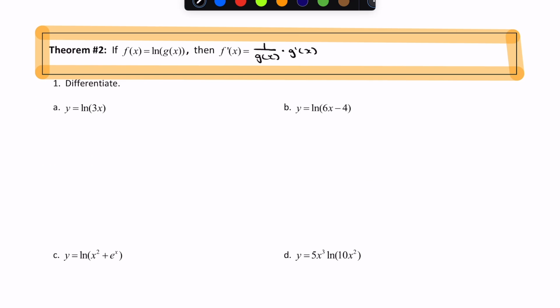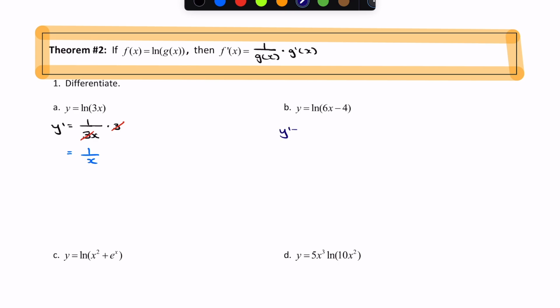Here we have y is equal to ln of 3x. So y prime is equal to 1 over 3x multiplied by the derivative of 3x, which is 3. The 3's will cancel out, so our answer is 1 over x. In b here, we have y is equal to ln of 6x minus 4.